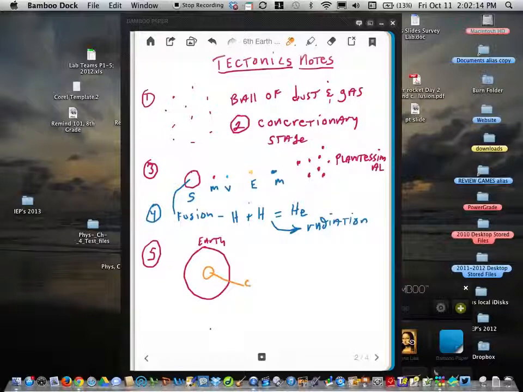So this is the core, and it has leftover radiation from the origin of our solar system.